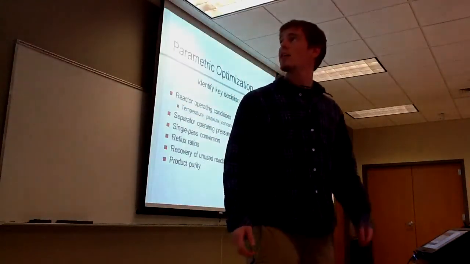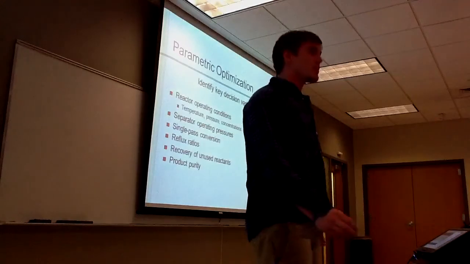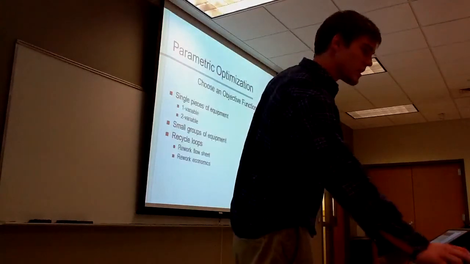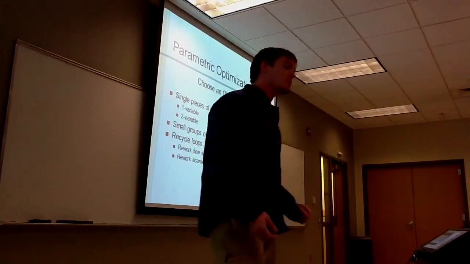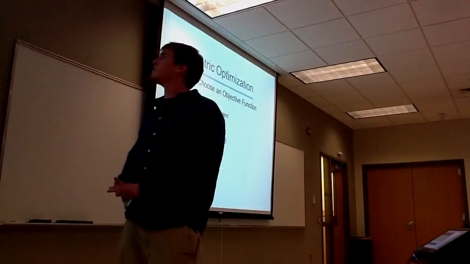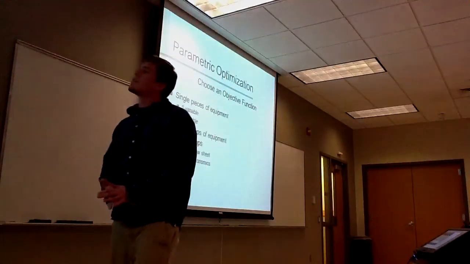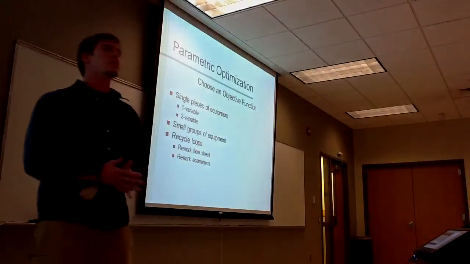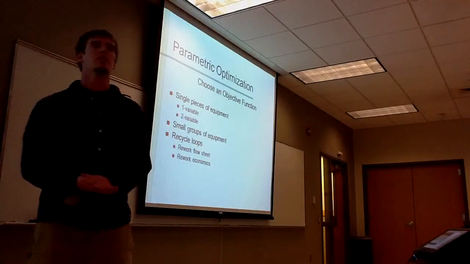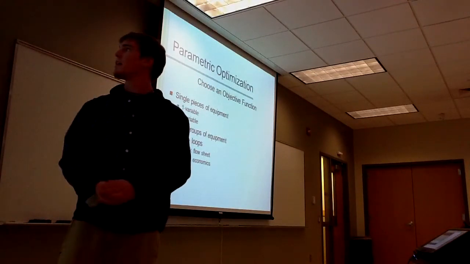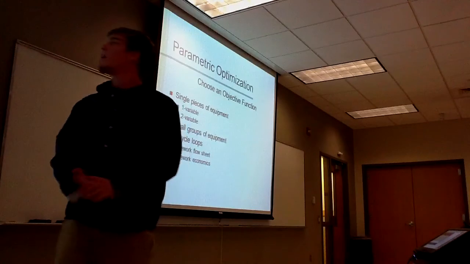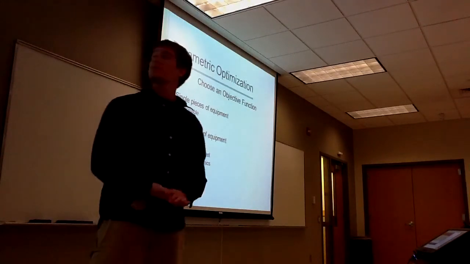Those are all key decision variables that will affect your parametric optimizations. And from those, you can create an objective function. This is a function that's usually set up in either estimated annual operating cost or net present value, but it's usually a money value.